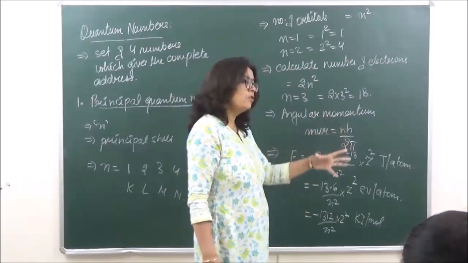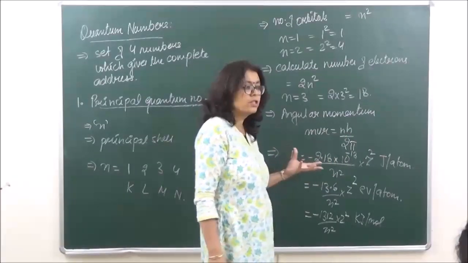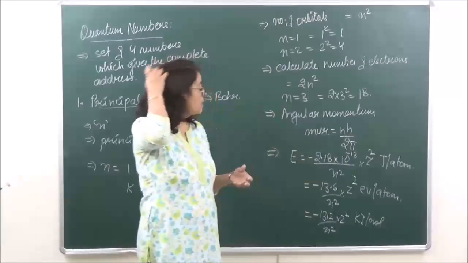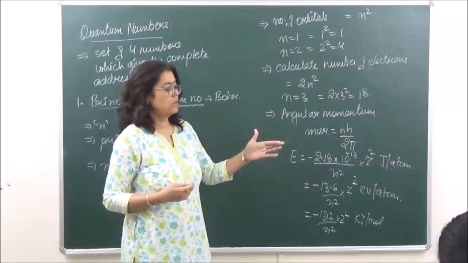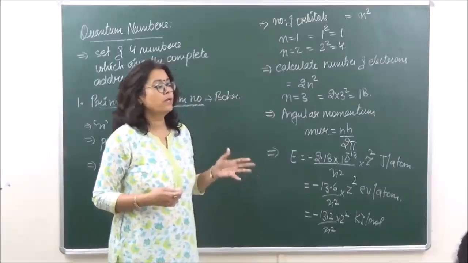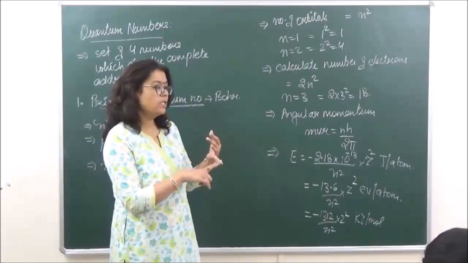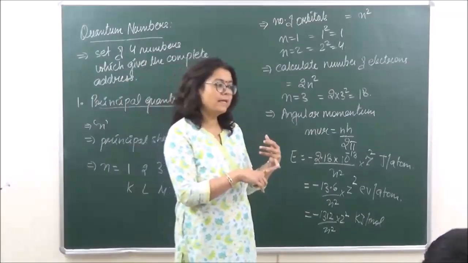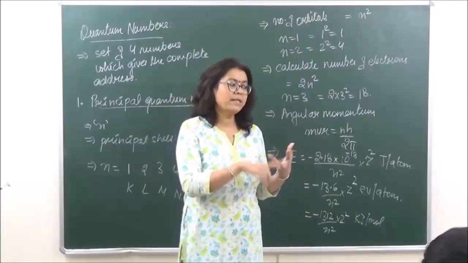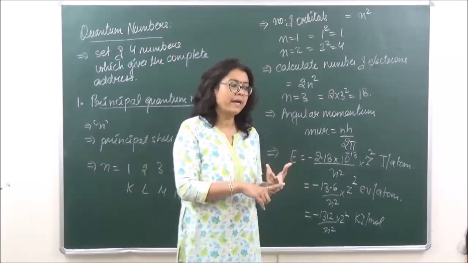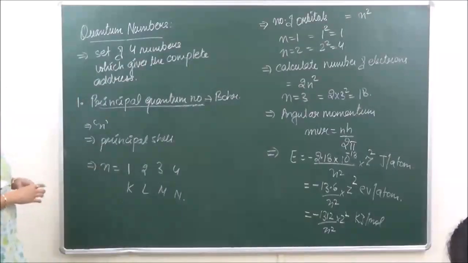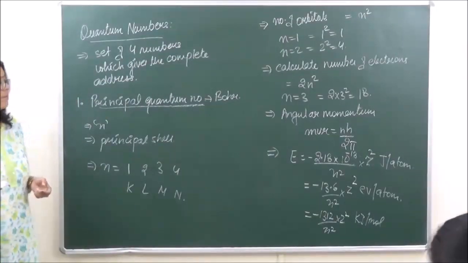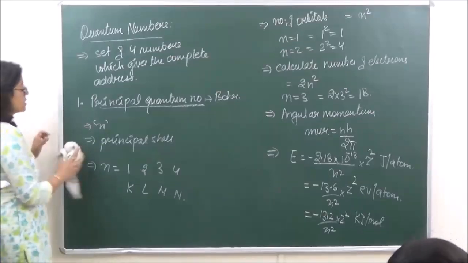So as the electron moves away from the nucleus, the energy increases. The energy in the first orbit is going to be least, then the second orbit, then the third orbit, then the fourth orbit, and so on. Clear?